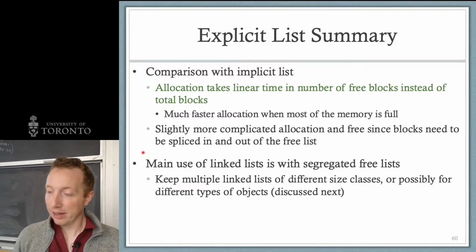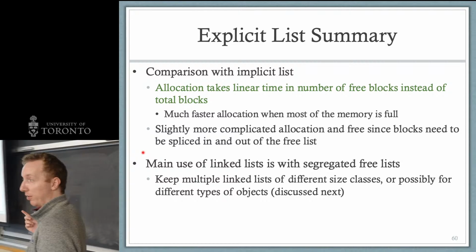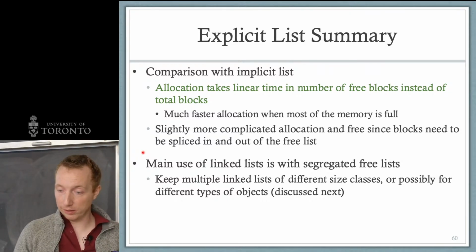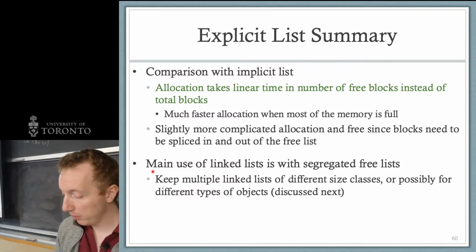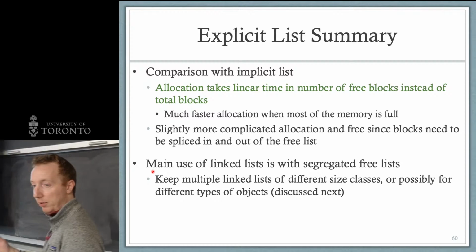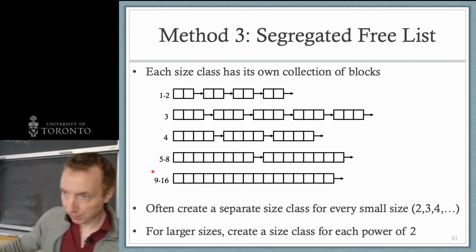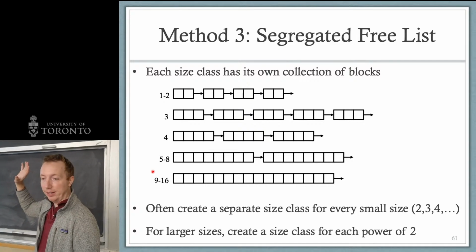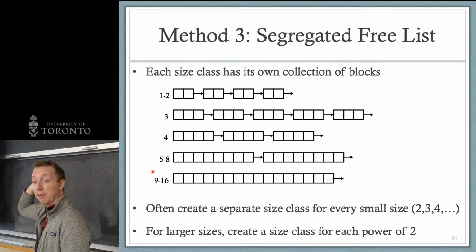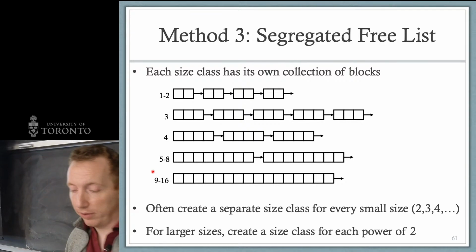And the other thing we could do is have segregated free lists, which means we have different free lists for different sizes of allocations. So maybe you have a different free list for small allocations, maybe different types of objects, and that's in the next lecture. So what it basically looks like is if you have a segregated free list, maybe you have just one list for each different size of allocation.